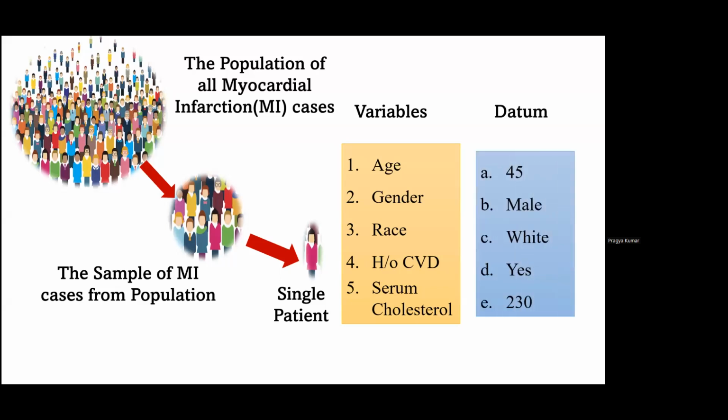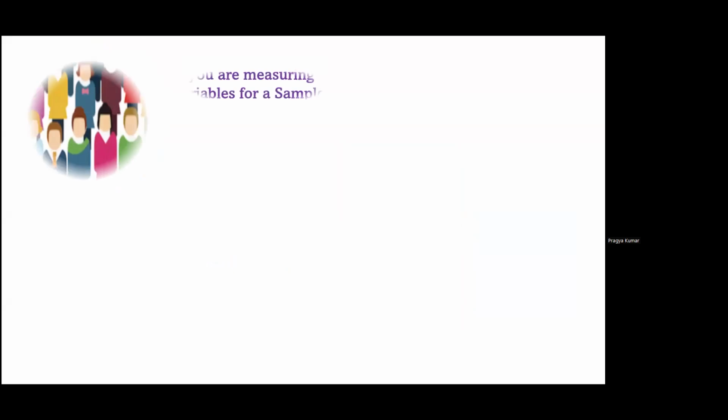We can say this person is a 45-year-old white male with a history of cardiovascular disease and serum cholesterol of 230. Here I am talking about one patient, which means one row in the Excel sheet, and all these variables like age, gender, race will be in separate columns.